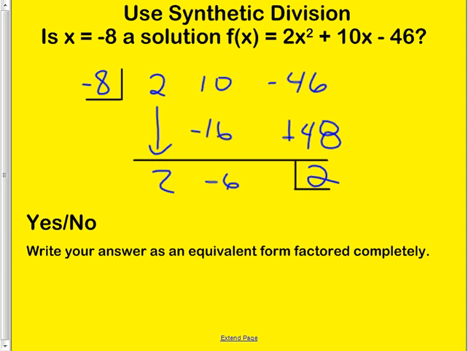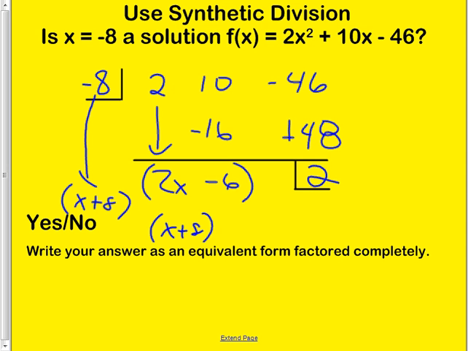All right. If I really wanted to extend this, I would be able to tell you, and I'm going to hold on for the people that are super bored because this has been so easy. This would have been x plus 8. This would have been 2x minus 6. And that is a remainder, and so it would be x plus 8, 2x minus 6, and the remainder, which is the 2, would be 2 over x plus 8.